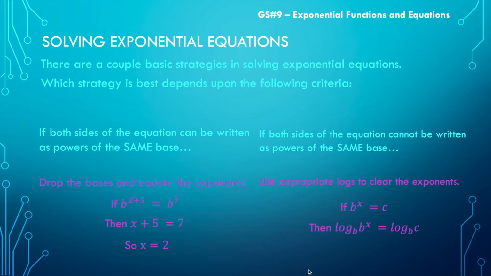Since the base of the log and the base of the exponent are the same, they cancel each other out, and you just end up with x equal to log base b of c. And of course, you could use your change of base formula to turn that log base b of c into a ratio of two logs, log of c divided by log of b.